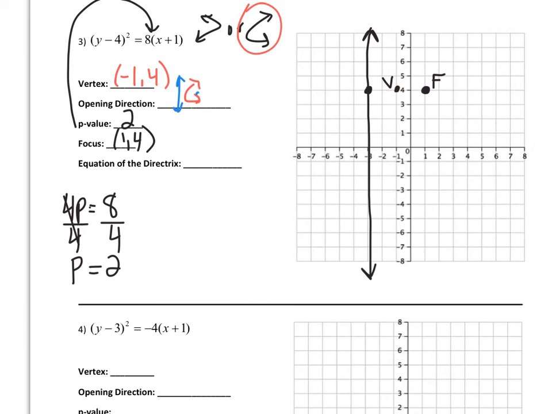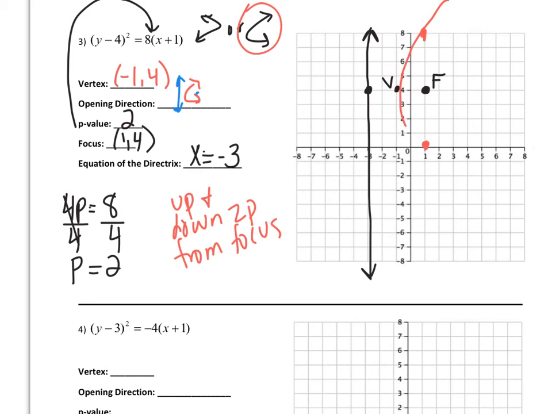And the equation of the directrix is the line x equals -3. And now if we want to graph this parabola, we're going to go up and down 2p from focus. So p is 2, so 2p is 4. So 4 here and 4 here, and connect, and that's my parabola.